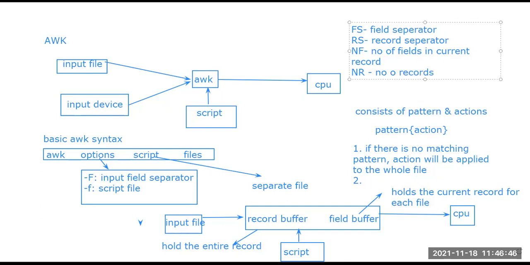NF is for the number of fields in the current record, and NR is for the number of the current record. Then OFS, that is output field separator, and ORS, output record separator. So these are the system variables working with respect to SED and AWK, helping to gather the values of the field separator and how many fields there are.